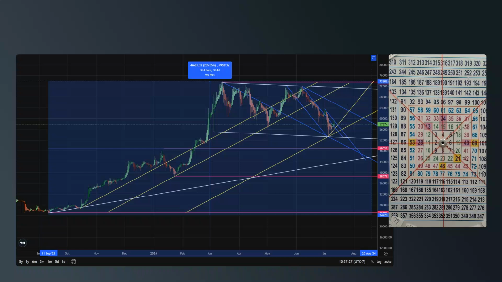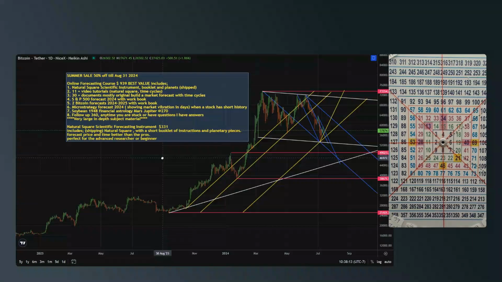So we did this September. Let's go back and let's just go take a look at this March right here. Okay, we're going to bring this March in.